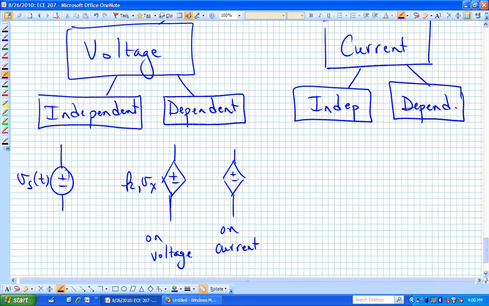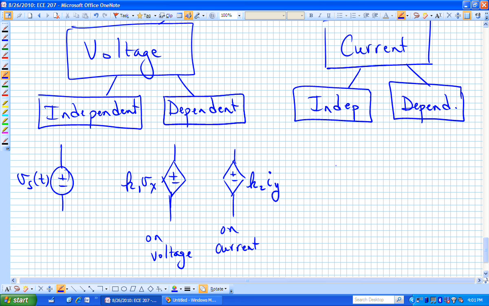It might again be labeled plus to minus from top to bottom, but now it might be K sub 2, let's say I sub y, where I sub y is a current flowing somewhere else in the circuit. And depending on what that current is, that's going to influence or determine what the voltage is of that dependent source. It's dependent on another variable, and in that case it's dependent on a current.